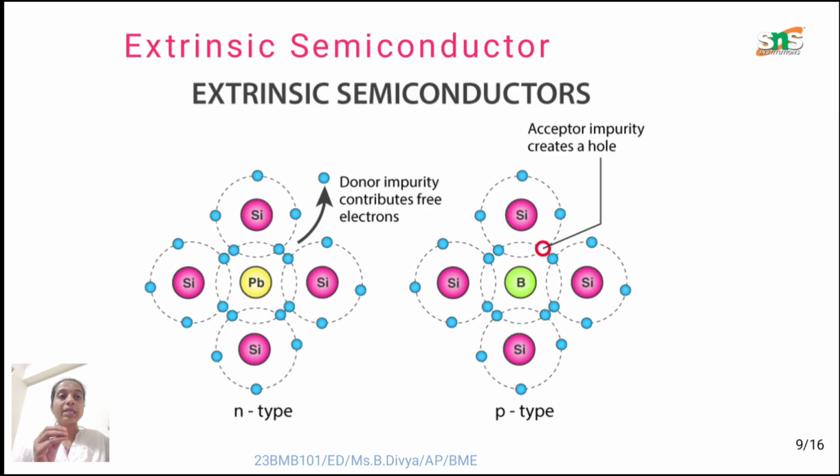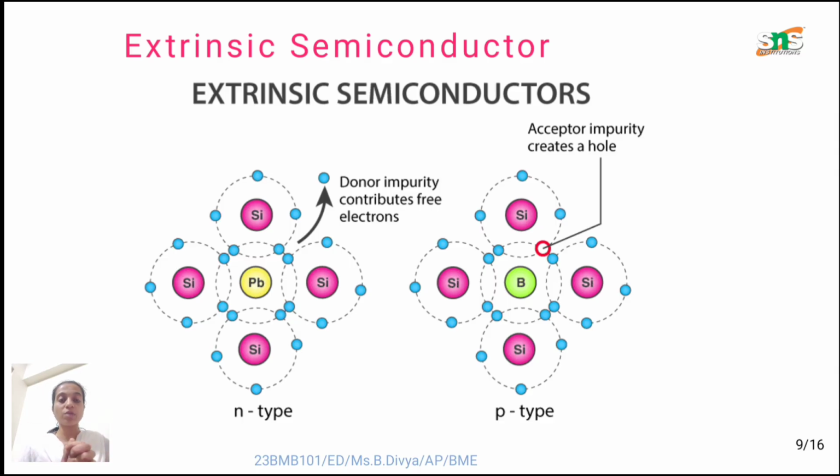P type is called acceptor impurity, whereas N type is called donor impurity. N type donates electrons, whereas in P type the holes get attracted and accept electrons.